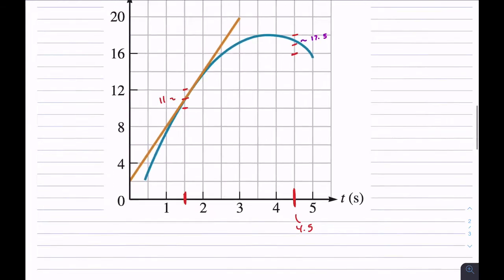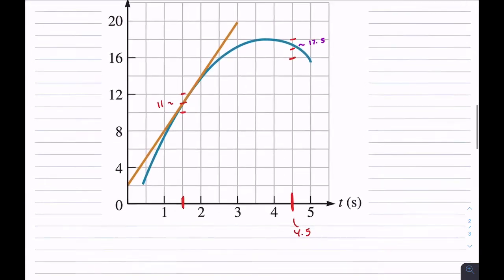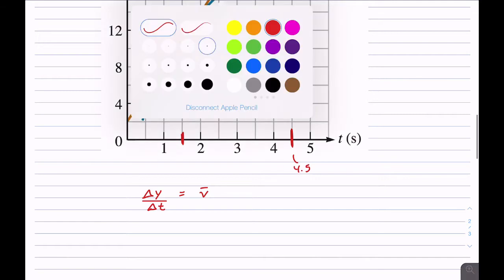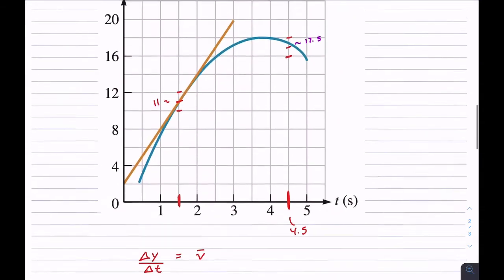Okay? So what we want to do to find the average velocity is take the change in y over the change in t. This is going to give us average velocity. Okay? So let's do that. We have up here, what did we have?